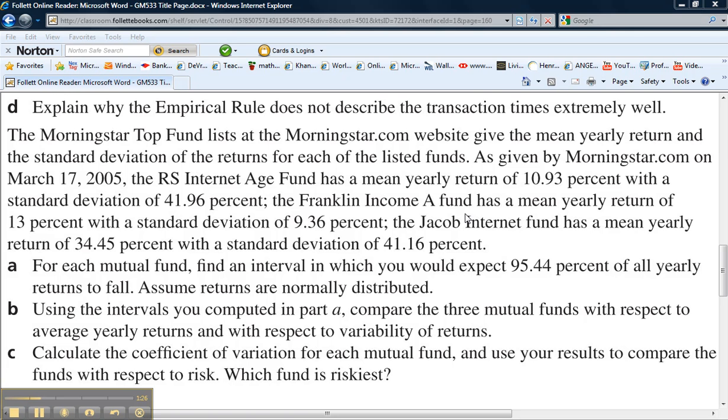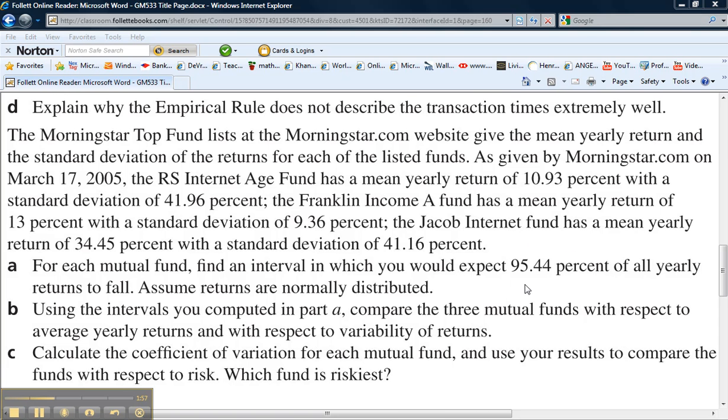Part A says, for each mutual fund, find an interval in which you would expect 95.44% of all yearly returns to fall. Assume returns are normally distributed. Basically, we're going to find an interval where, since this value 95.44 is from the empirical rule. Whenever you see 95.44, 99.73, or 68.26%, those values are from the empirical rule.